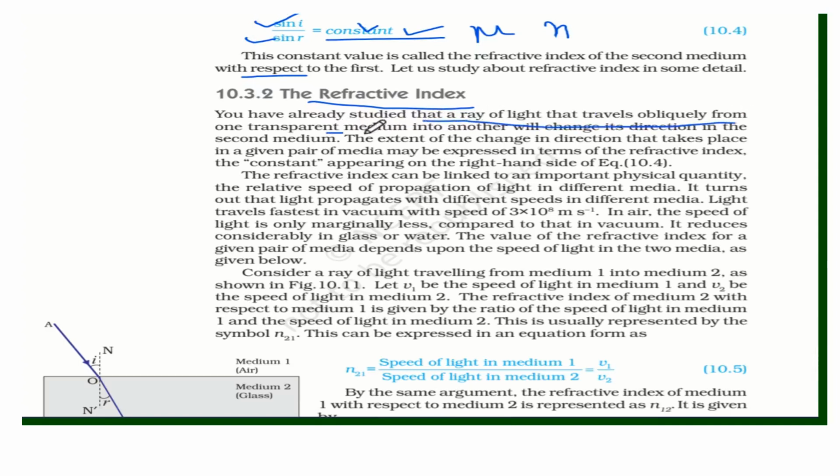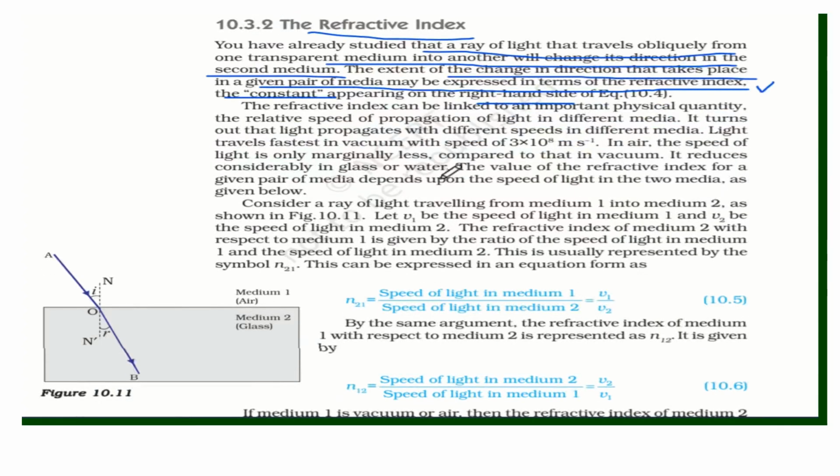The extent of change in direction that takes place in a given pair of media may be expressed in terms of a refractive index, the constant appearing on the right hand side of this equation. Refractive index is related to an important physical quantity, the relative speed of propagation of light in different media.